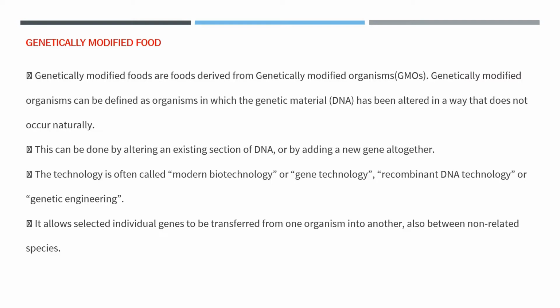It allows selected individual genes to be transferred from one organism into another, also between non-related species. So that is a very growing technology, and from it we are discovering new species with more yield or more production.